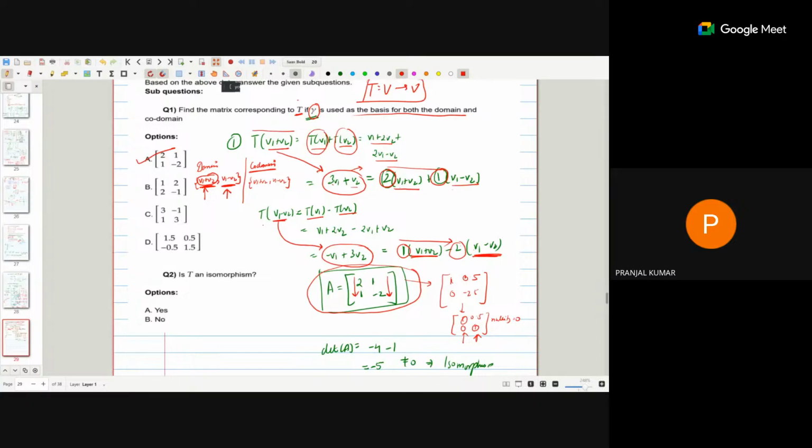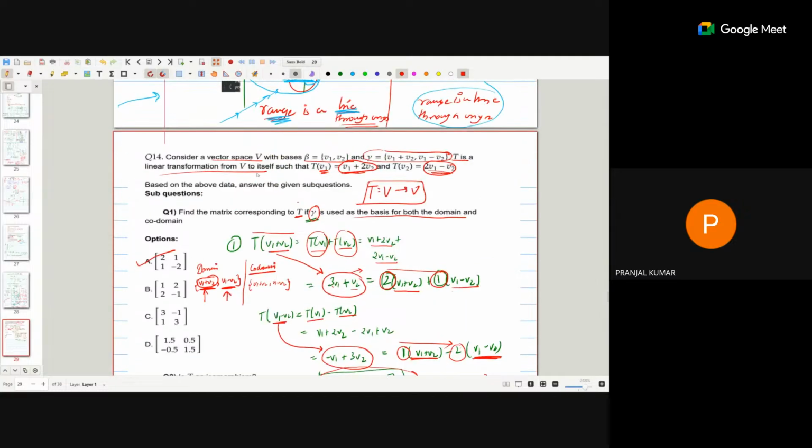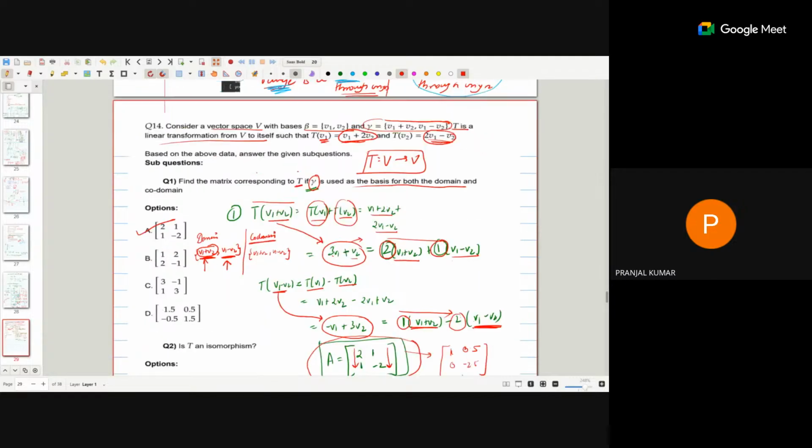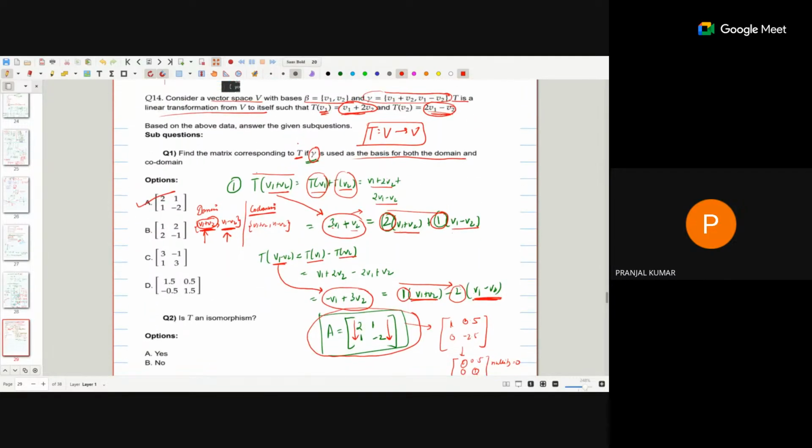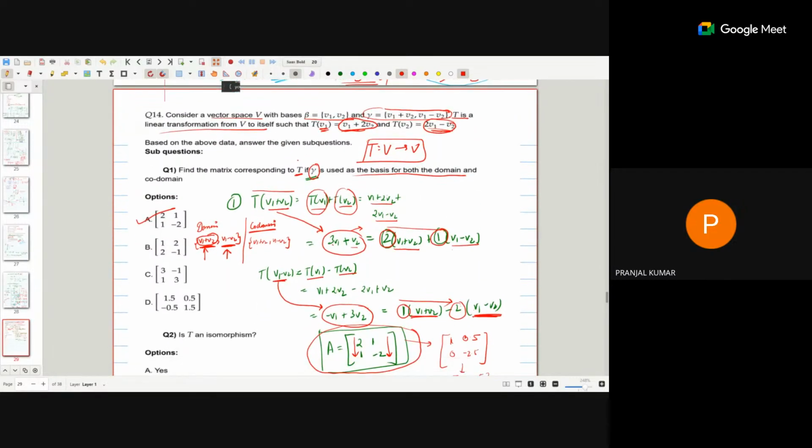Now what is the rank? Rank is 2, which is equal to the dimension of the, what is the codomain? What is the dimension of the codomain? Can you tell me? R2? No, see, the codomain is not R2.